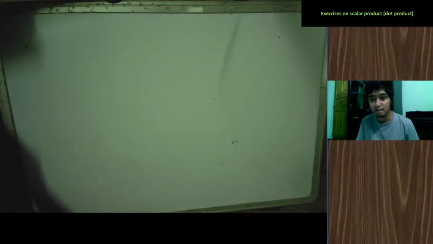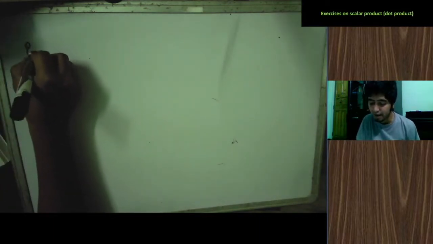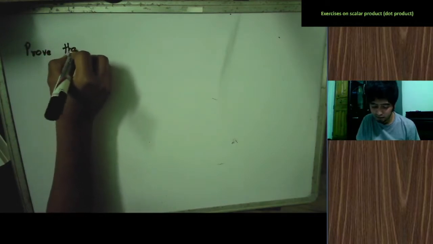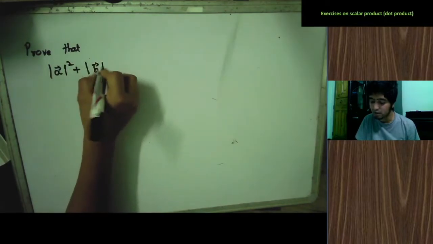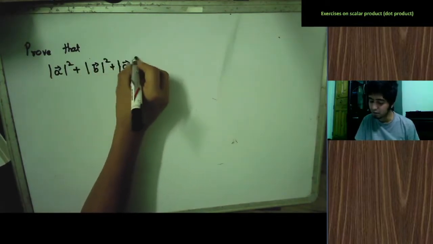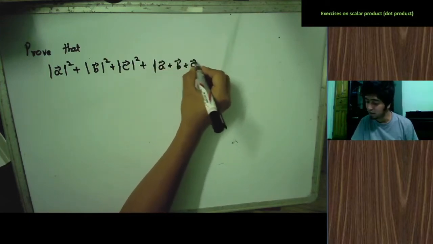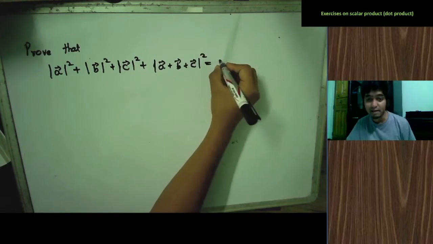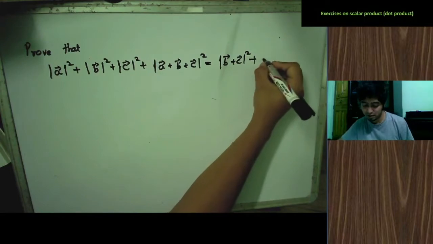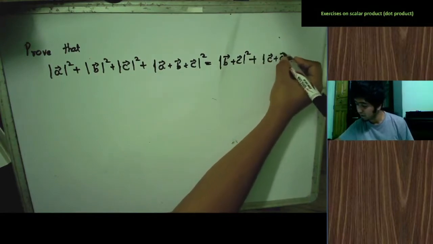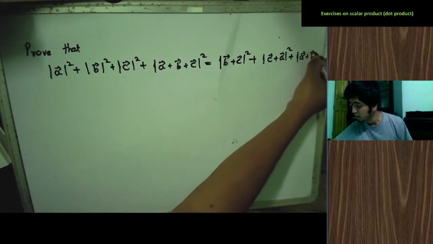Now let us see another question, again, which involves the square of the magnitude. Prove that the magnitude of a bar plus b bar square plus c bar square plus magnitude of a plus b plus c square is equal to b plus c holding square plus c plus a holding square plus a plus b holding square.